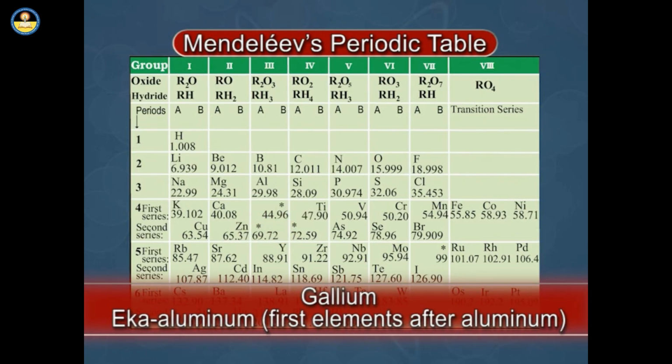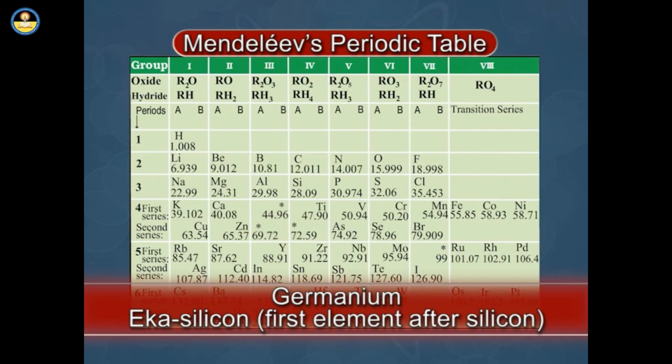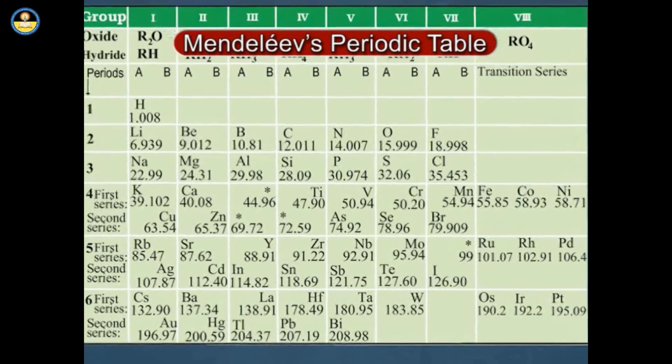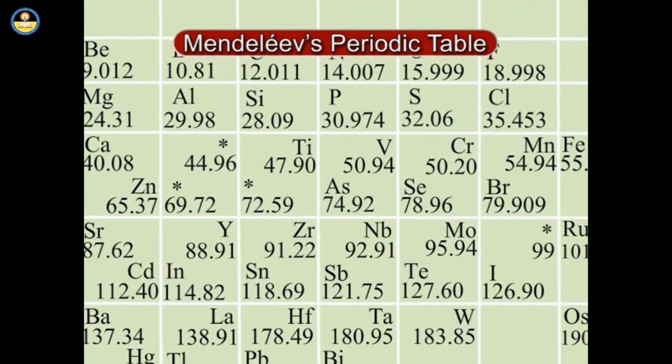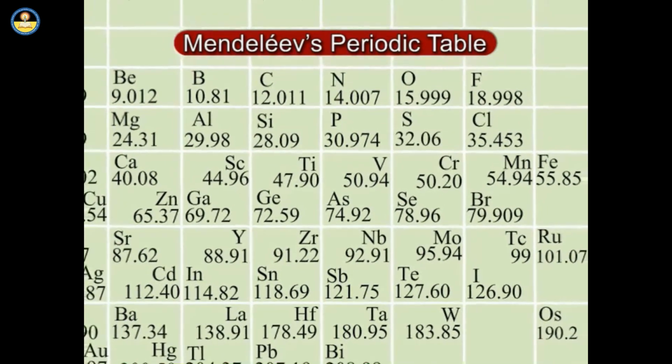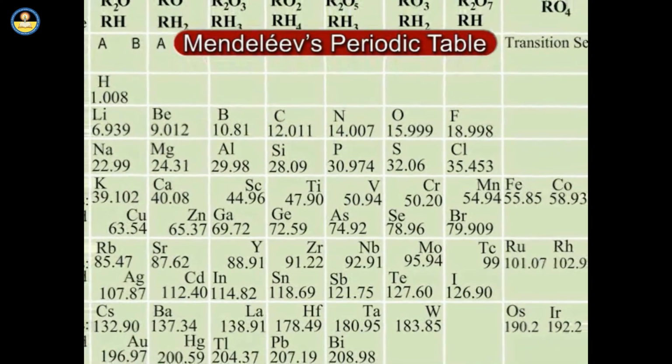Eka aluminium, meaning first element after aluminium, for gallium. And eka silicon, that is, first element after silicon, for germanium. Later on, these elements were discovered and Mendeleev's predictions were found to be remarkably correct.